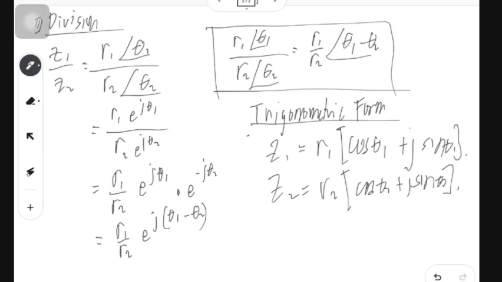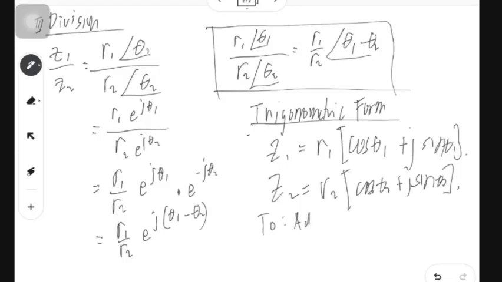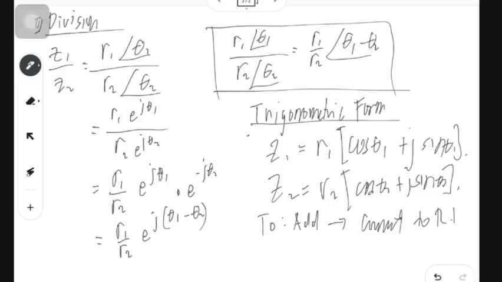I repeat, if you're going to add complex quantities in trigonometric form, sulat ko na nga. So to add or subtract, you have to convert to rectangular form.